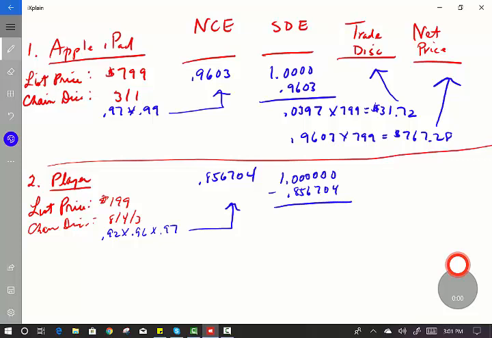Subtract that, and that's going to give me the single discount equivalent of .143296. Okay, for the trade discount, I want to take that times the list price of $199, and that's going to equal the trade discount amount of $28.52.